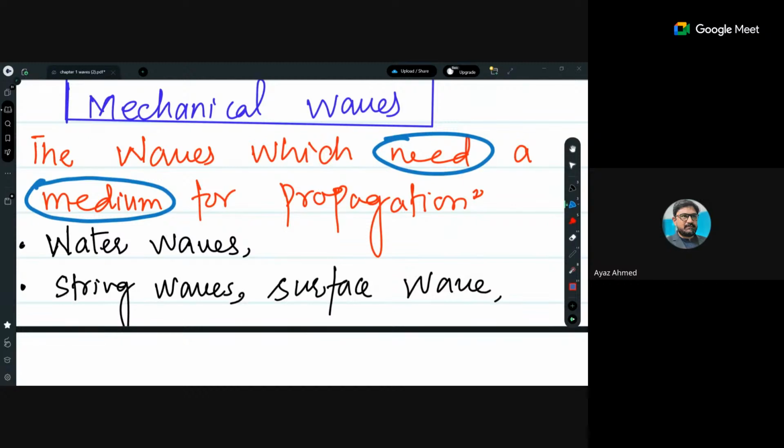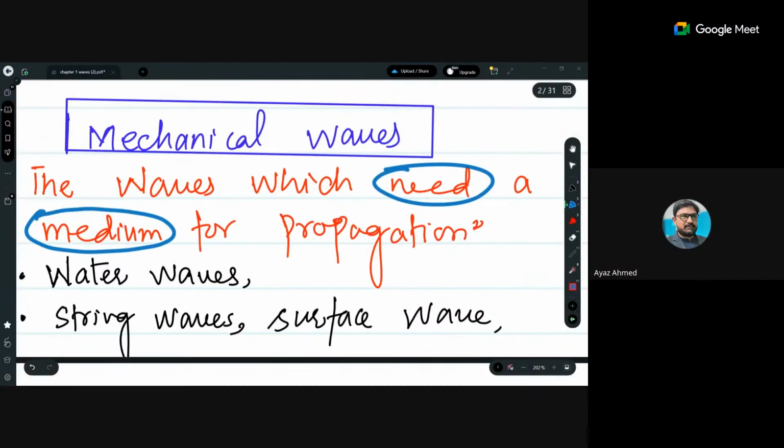There are some other waves, which I will talk about in the next slide. The mechanical waves are your water waves, spring waves, surface waves, etc. So these are all waves which need a medium for propagation.